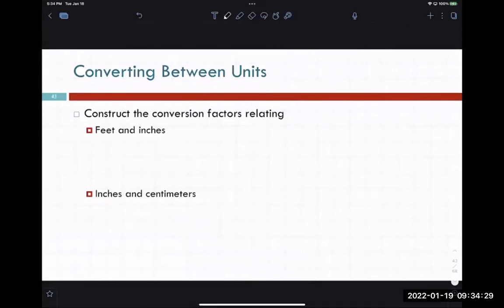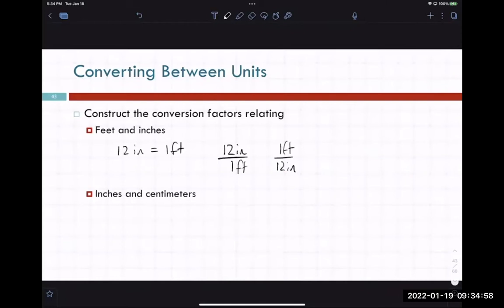So if we want to construct the conversion factors relating feet and inches, just have to know, well, how many inches are in a foot? 12 inches in a foot, yeah. So 12 inches equals 1 foot, or 12 inches over 1 foot, or 1 foot over 12 inches.